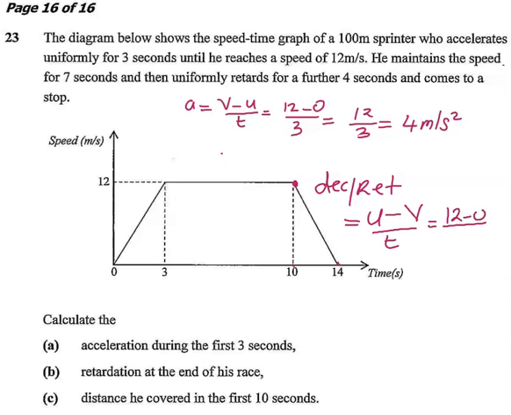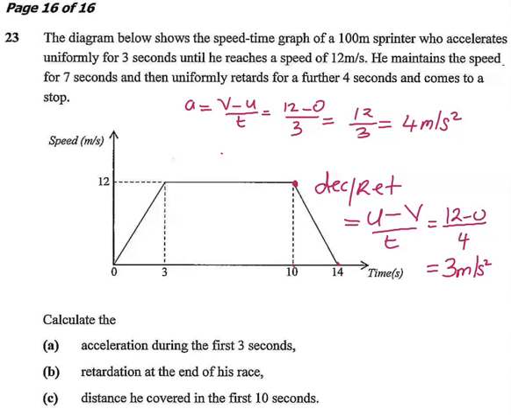From 10 to 14, what do we get? It was 4, isn't it? So this is going to give us what? Retardation here will give us 3. That's what we're going to get on retardation.